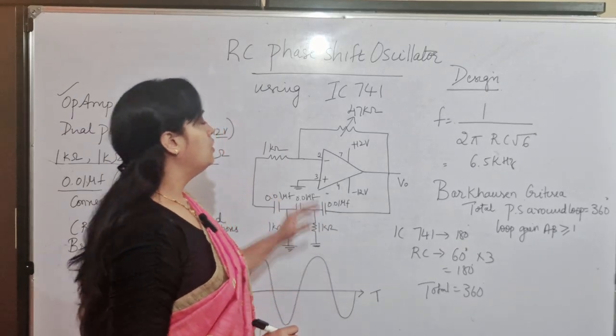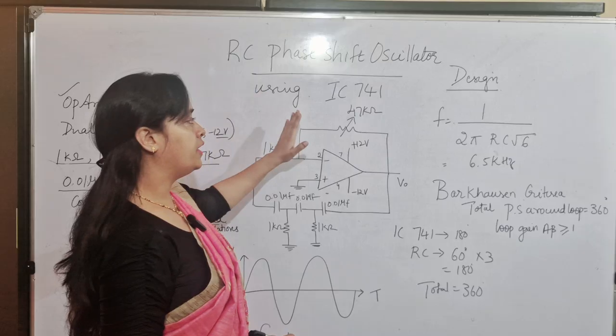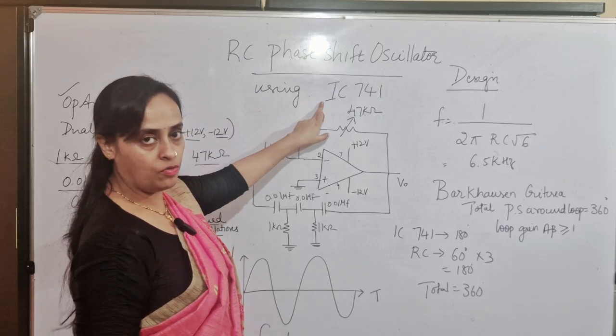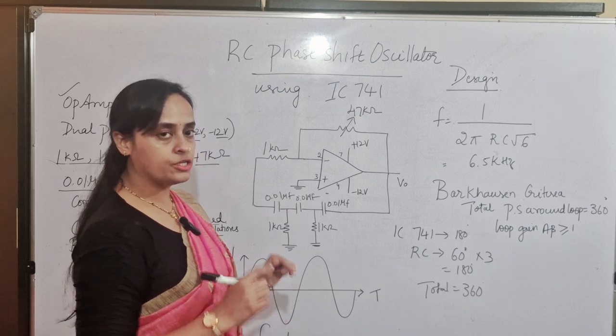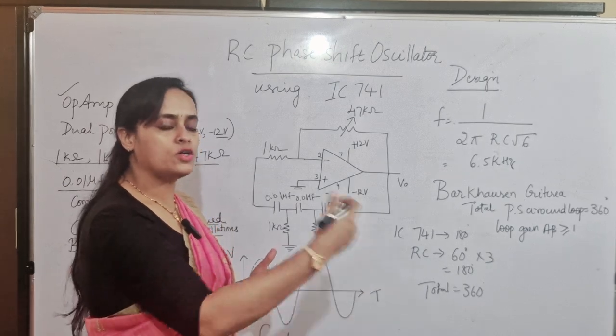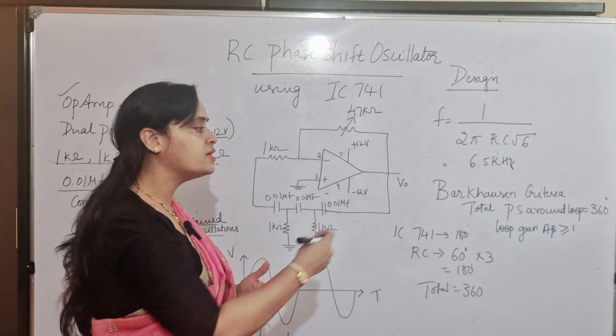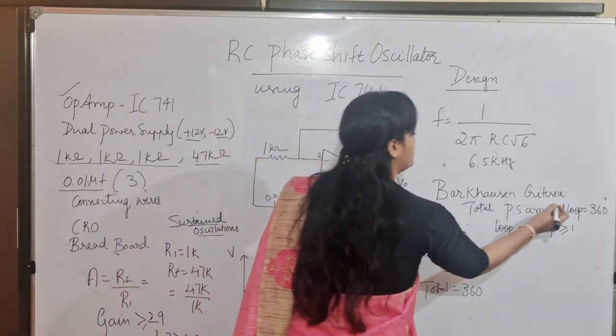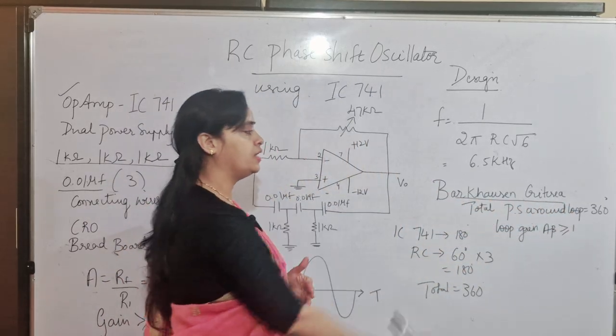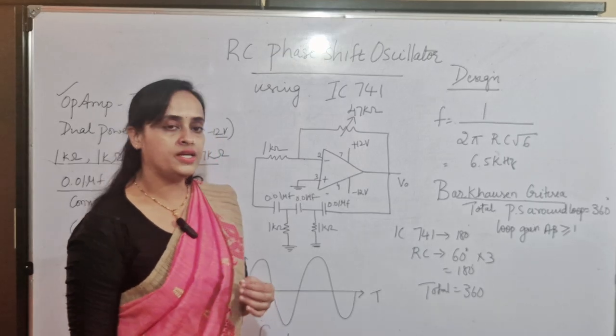Now to design IC741 as an oscillator, the condition is that there should be sustained oscillation. That means there should be continuous sustained oscillations. To do that, the condition is Barkhausen's criteria. What does Barkhausen's criteria state?